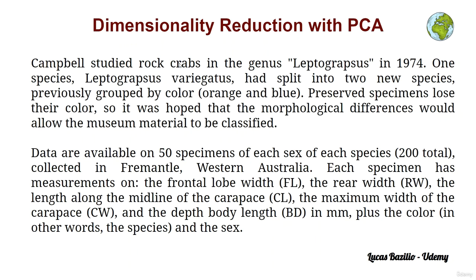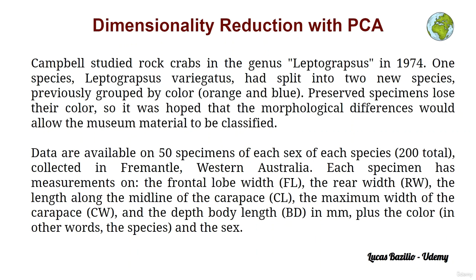Campbell studied rock crabs in the genus Leptograpsus in 1974. You can search for this article published by Campbell. He was a researcher who studied rock crabs. One species, Leptograpsus variegatus, had split into two new species, previously grouped by color, orange and blue.